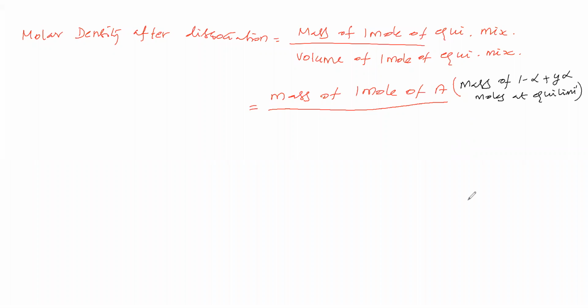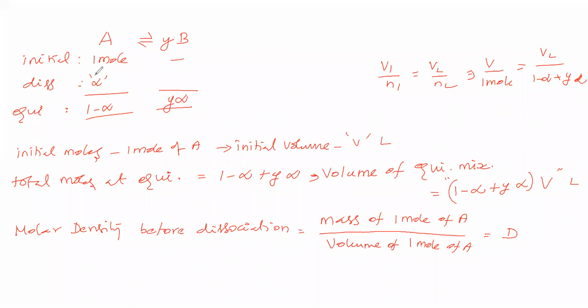How do we say like this? Now we will see. Here initially what did you take? 1 mole of A. At equilibrium what is there? 1 minus alpha of A and Y alpha of B. Now what is the mass initially? That is the mass at equilibrium.